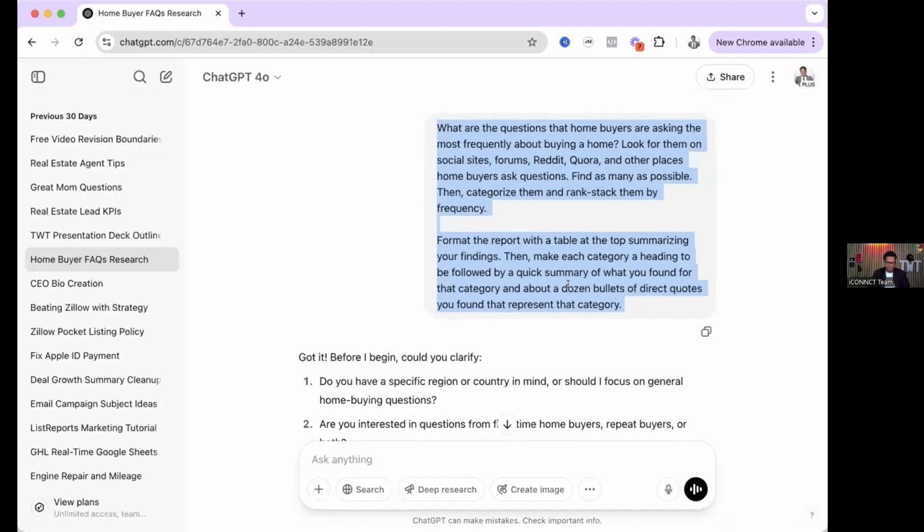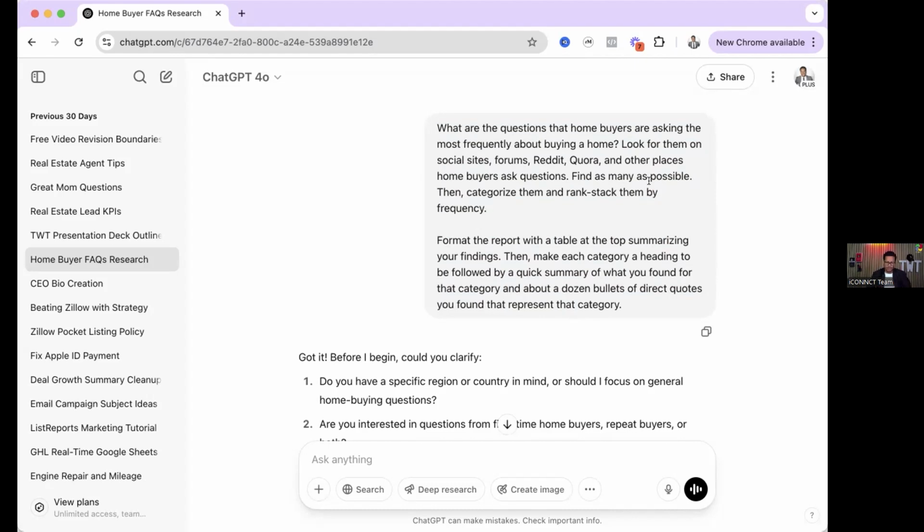Basically what it says is, what are the questions that home buyers, and again, you could change home buyers to whatever demographic you want, people looking for new construction, investors, long-term investors, flippers, Airbnb people, there are so many different demographics out there, all you have to do is put in the one you're going after. What are the questions that home buyers are asking most frequently about buying a home?